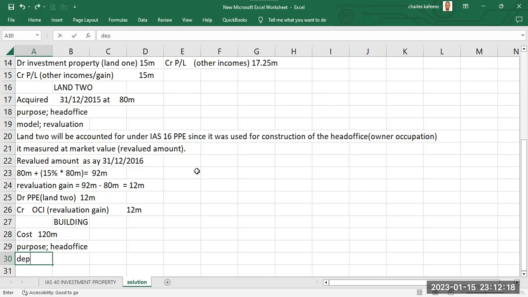And we have also the depreciation. This one is a depreciable asset, so we need to depreciate it. The depreciation, they told us, is 5% in the question.